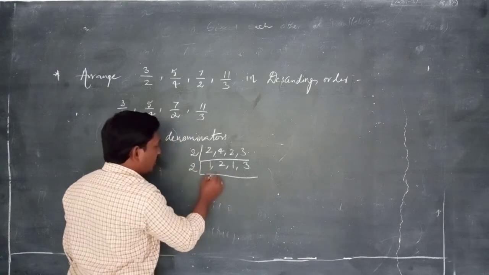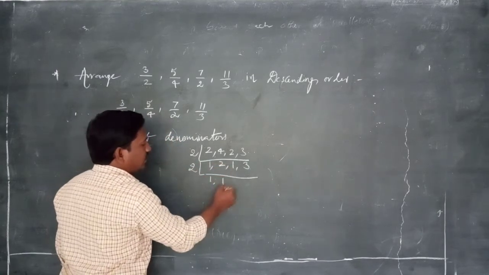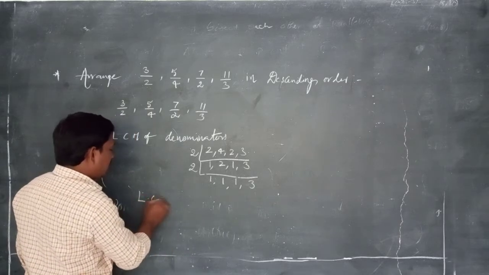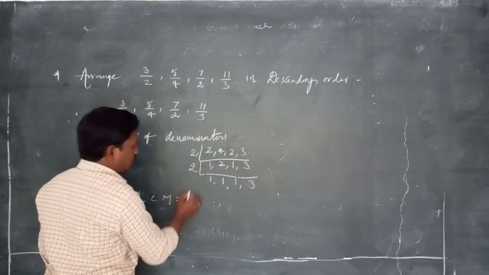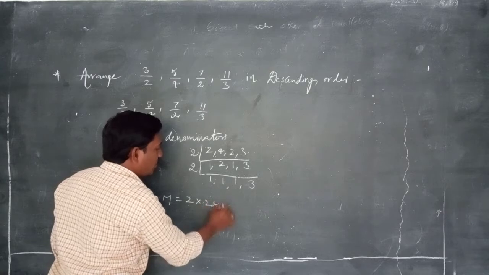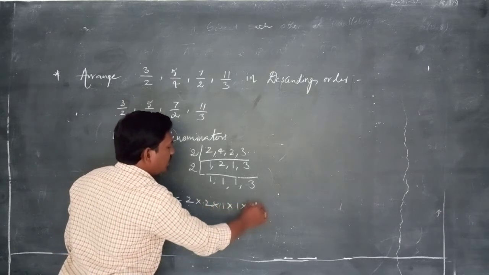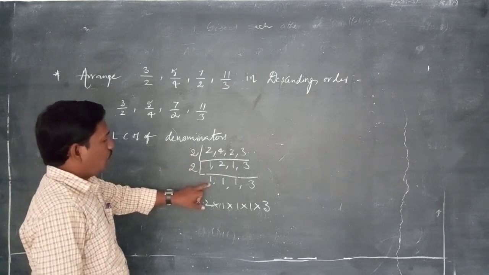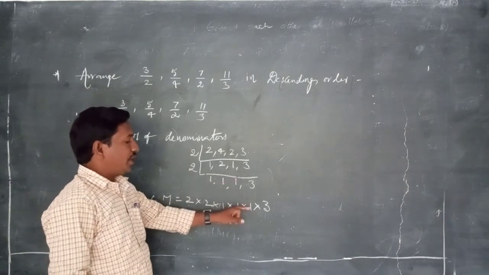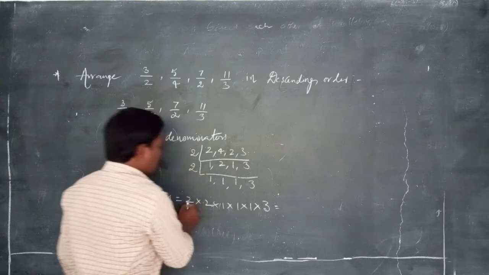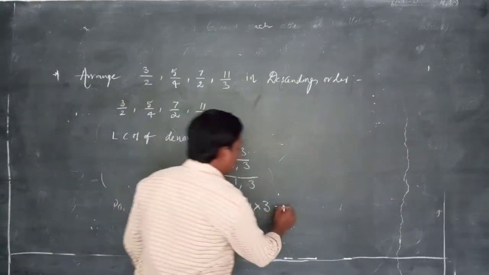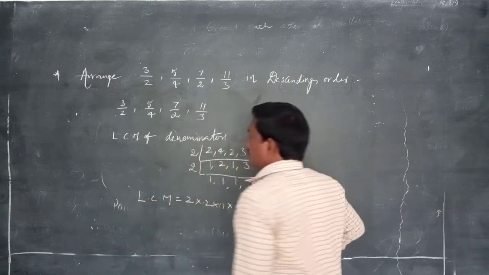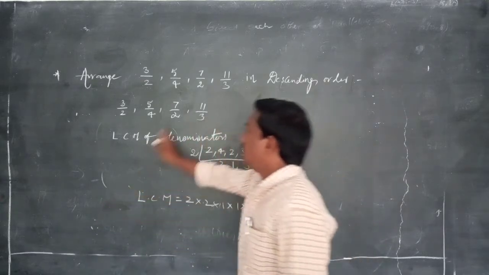Again two table, 1 into 1, 1 and 3. Now take the LCM. LCM equals 2 into 2 into 1 into 1 into 1 into 3. So 2 2s are 4, 4 3s are 12. So what is the LCM we got? 12 is the LCM of the denominators.